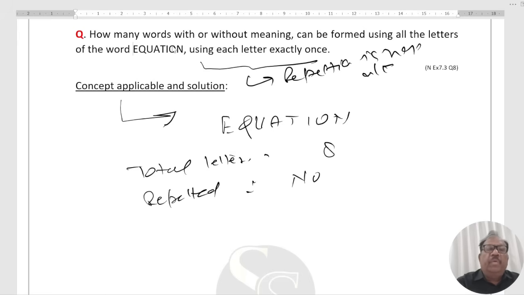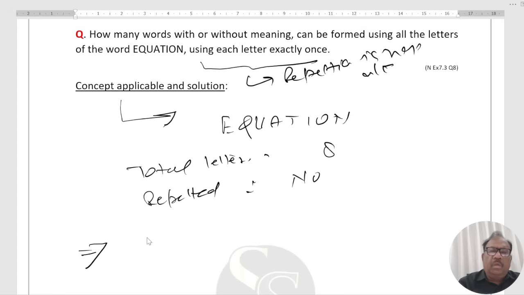Here it is about whether the letters are being repeated, each coming once, which means you have to use all 8 letters. We have to form words with or without meaning. So how many places are there? 8 places are there.